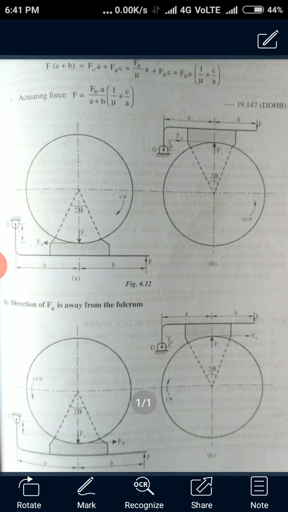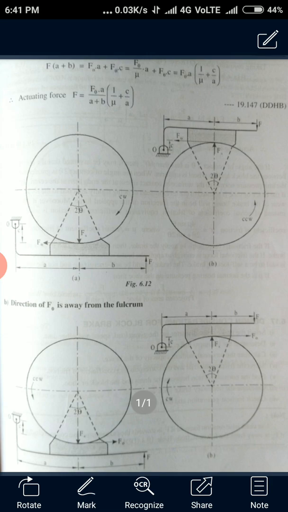Even in figure B, you can observe that F theta is above the center of the drum and fulcrum O. Either it is below these two or it is above these two.